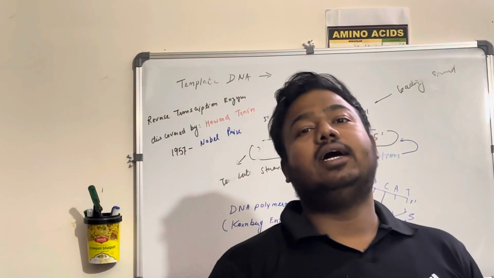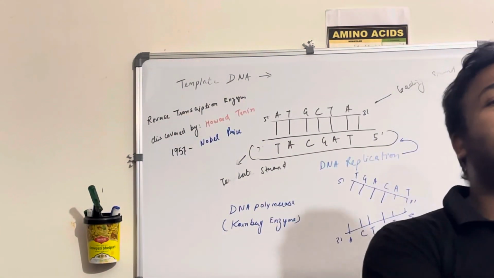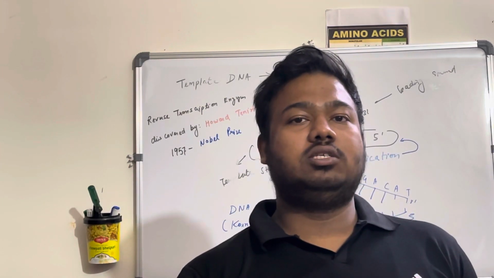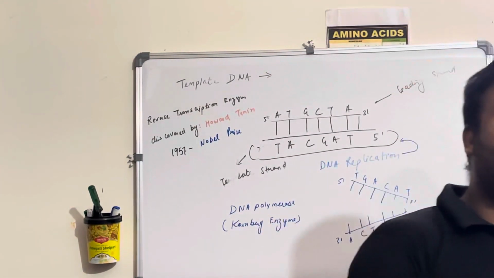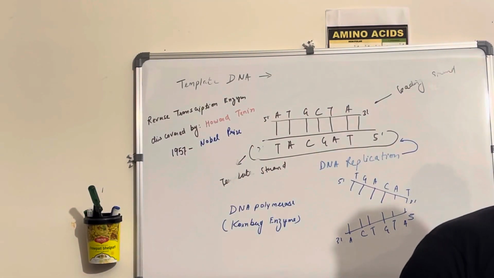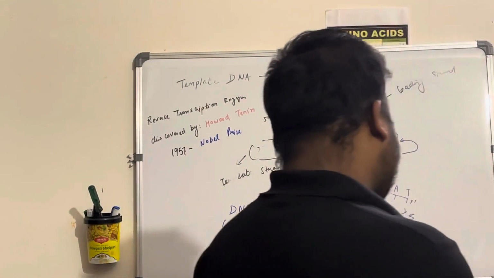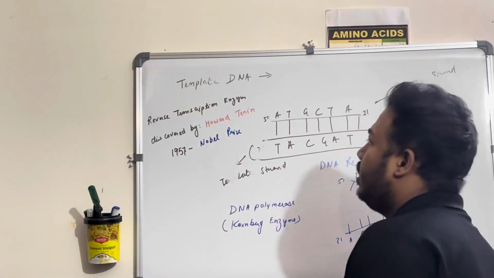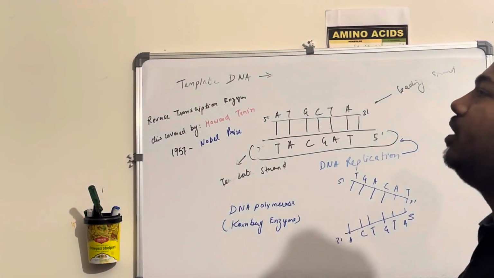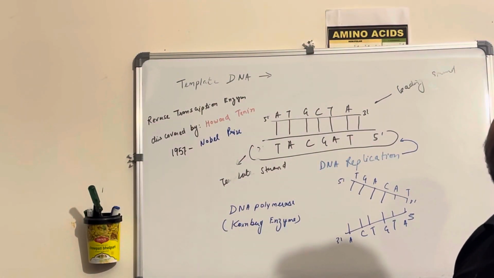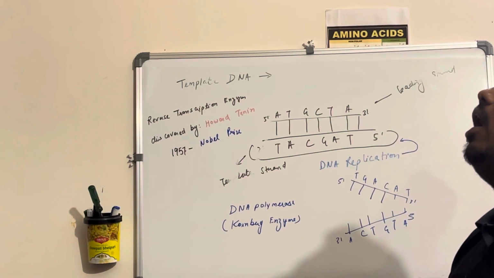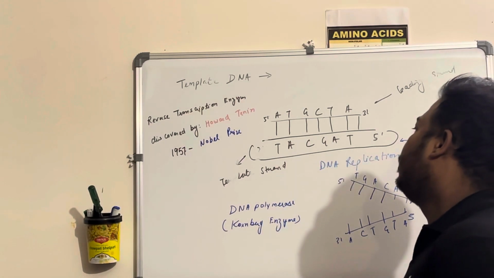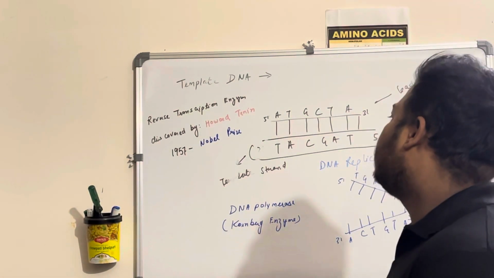So in replication, in the PCR method, for making a number of copies, which enzyme is involved to make a lot of copies? The enzyme is called Taq polymerase. It is taken from the bacterium called Thermus aquaticus, which is present in high temperature, hot spring areas.